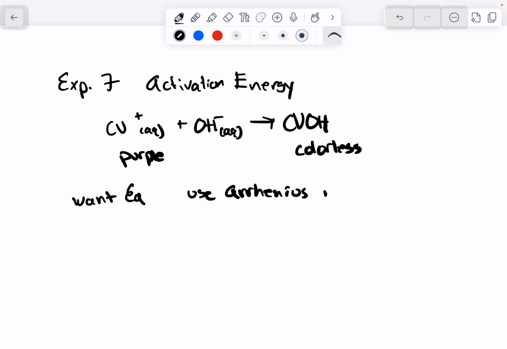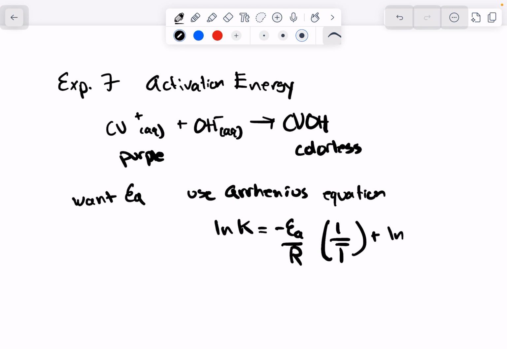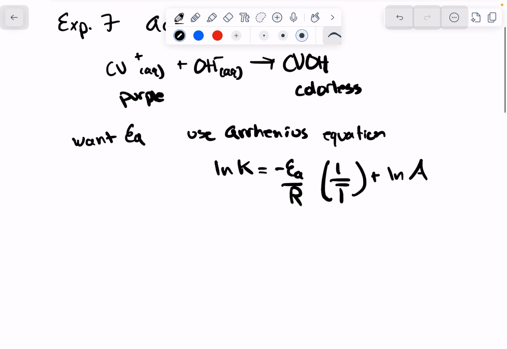The Arrhenius equation is natural log of k equals minus Ea over R times 1 over T plus the natural log of A. This is a very similar equation to the vapor pressure one, the Clausius-Clapeyron, that we used in a previous lab.